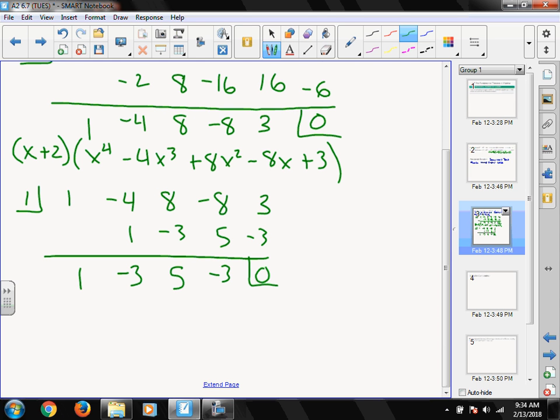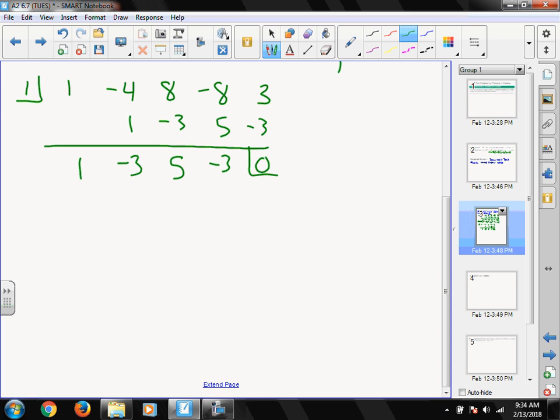So we've got x plus 2 times x minus 1 times x cubed minus 3x squared plus 5x minus 3.